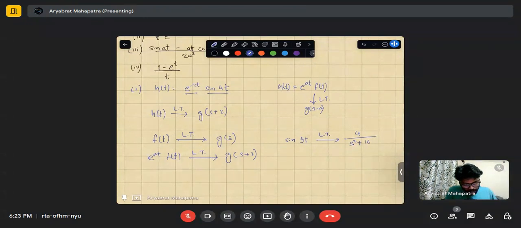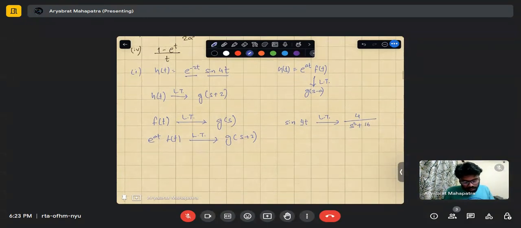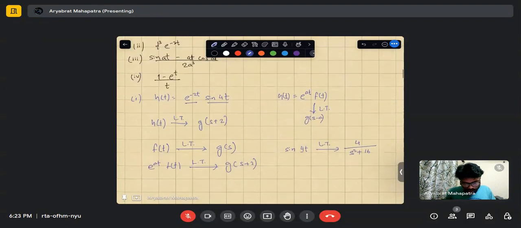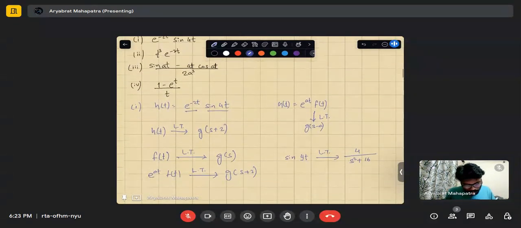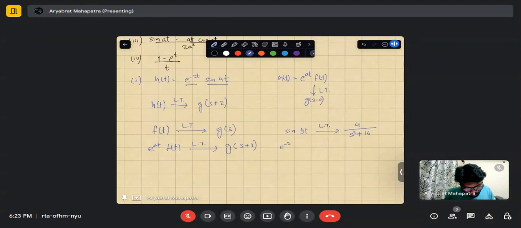But that is not your complete question, because your complete function was exponential of minus 2t multiplied with sin 4t. So when you do that, it will give you 4 over (s plus 2) whole squared plus 16.